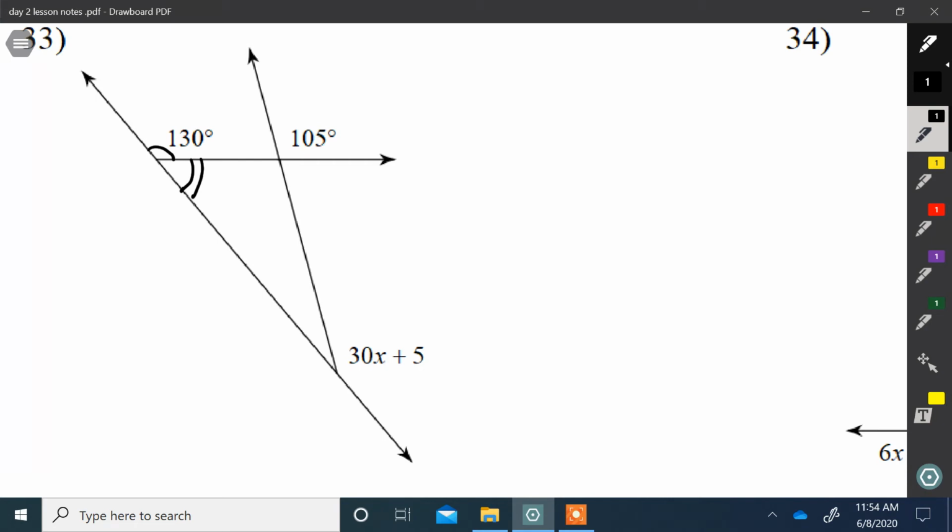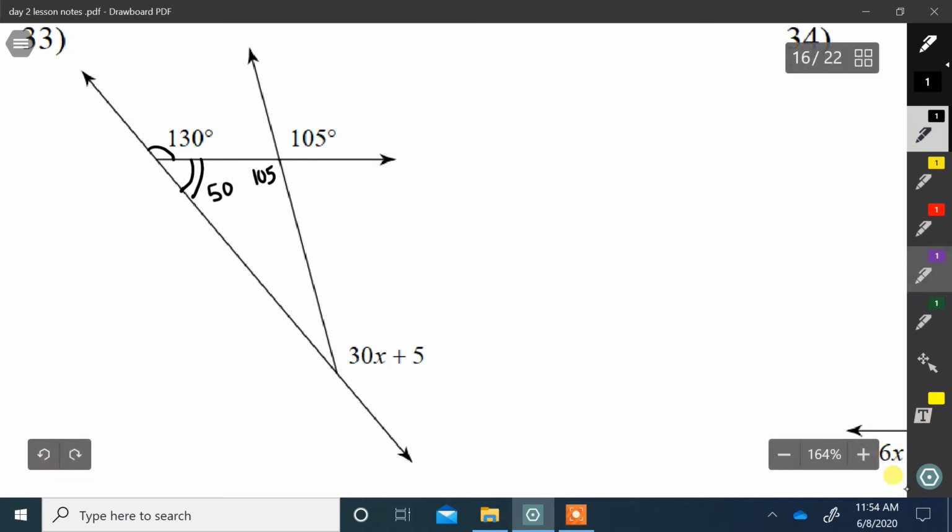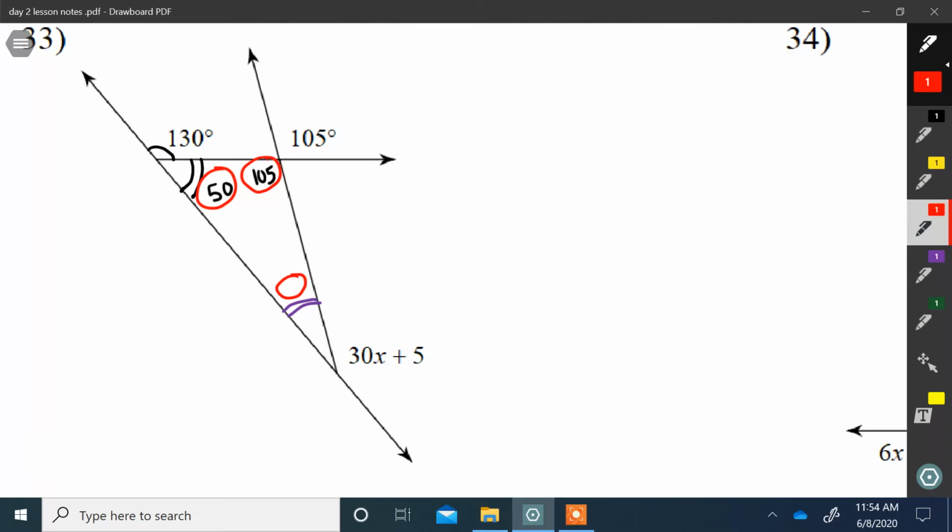And what will we get? Okay, we will get 50 right there. This will also be 105. Now let's think about this. What is this right here? Well, I know that this plus whatever we find in here has to all add up to 180.